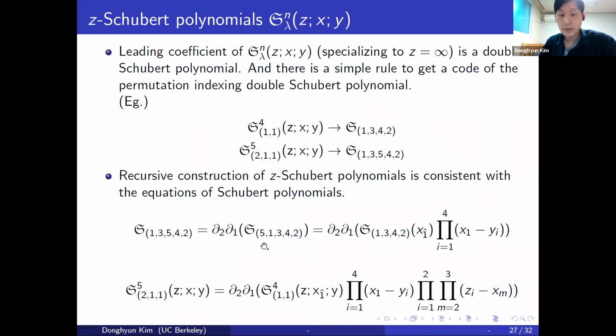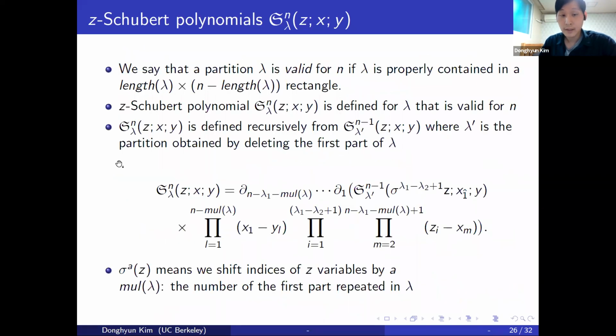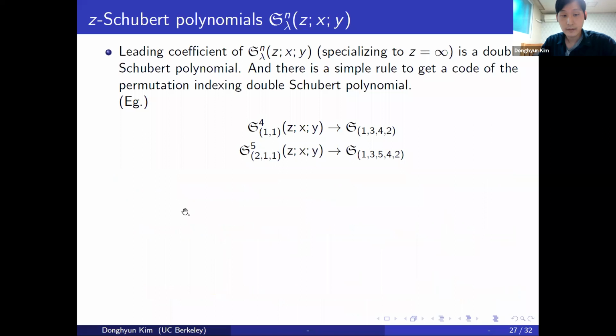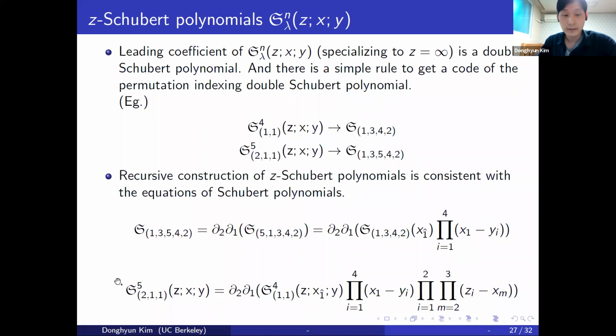And then applying partial 2, it becomes 1, 3, 5, 4, 2. And the equation here is the one that I showed you before in the proposition on double Schubert polynomials. And if we write out this complicated recurrence relation for Z Schubert polynomial, this is it. So you can see that these two equations are consistent. It has some extra Z factors, and these do not affect the leading coefficient in Z variables.